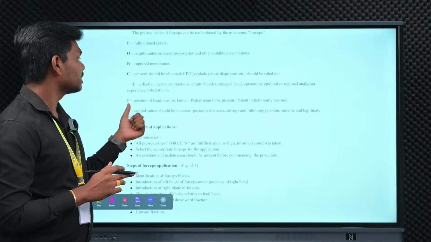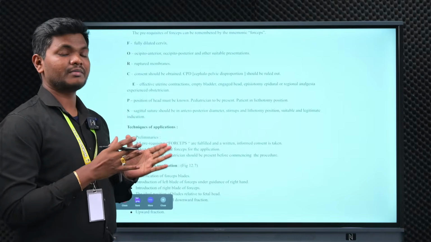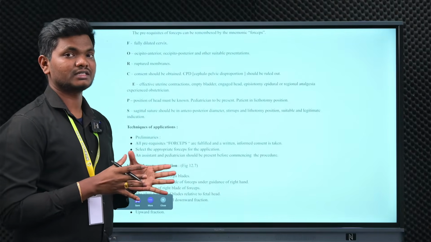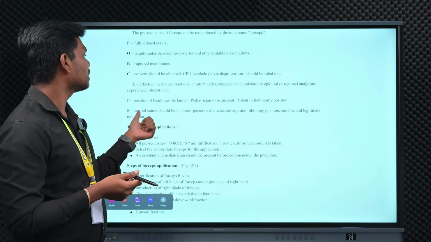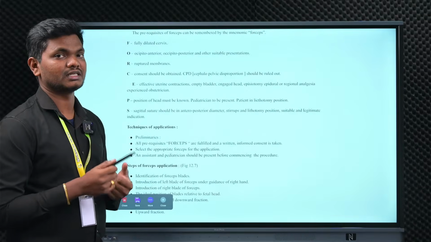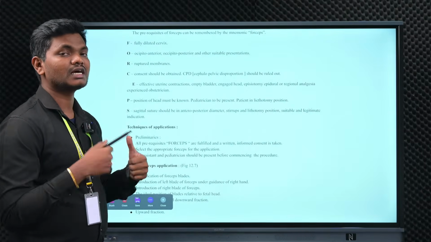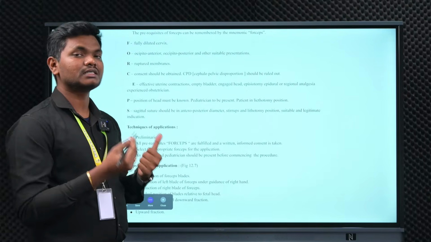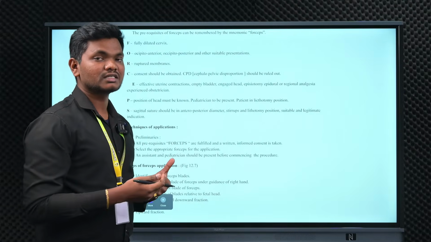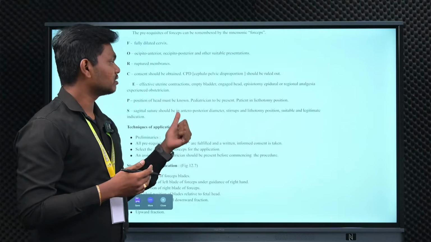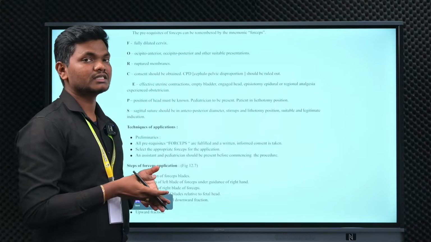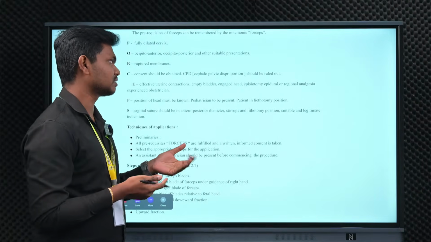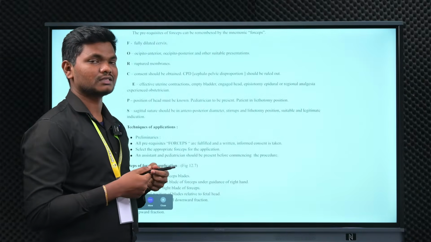The baby's position in the uterine cavity, in the pelvic cavity, should be noted before applying the forceps, and a pediatrician should be present in the labor ward. When it is an abnormal condition or when the mother or the fetus is at risk, the pediatrician should be present, because newborn assessment should be provided immediately. Then the patient should be in the lithotomy position.